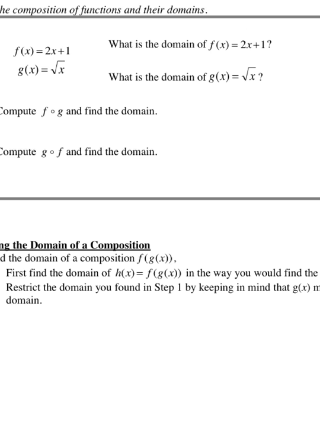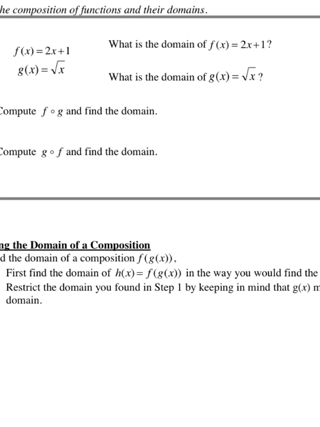First we need to determine what values of x are included in the domain for each of our functions before we start combining them. In the first function, we have f of x equals 2x plus 1. That's simply a linear equation, and it's a polynomial. So in polynomials, x values are all real numbers.